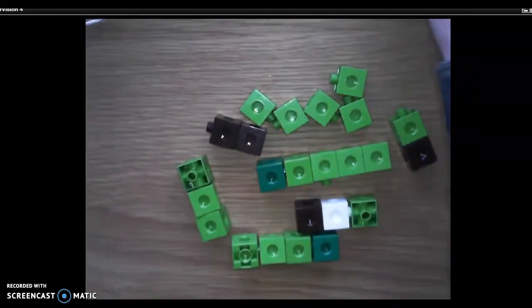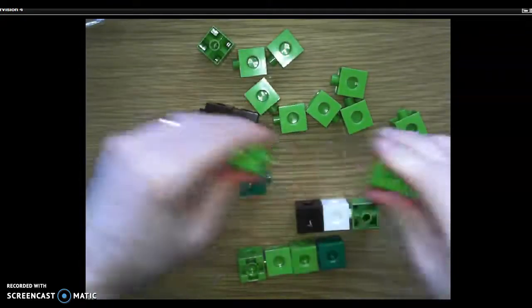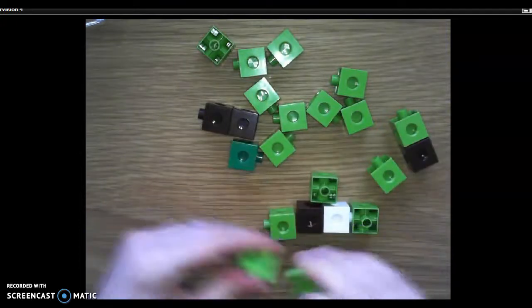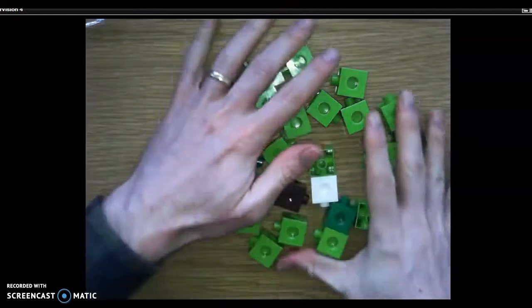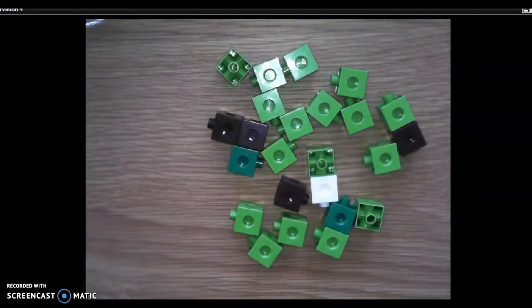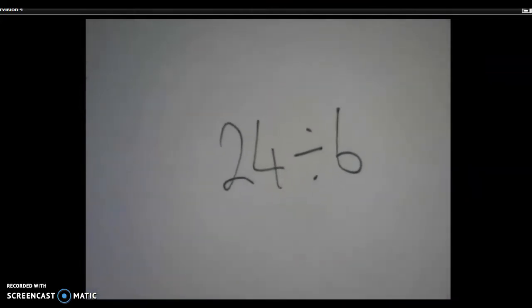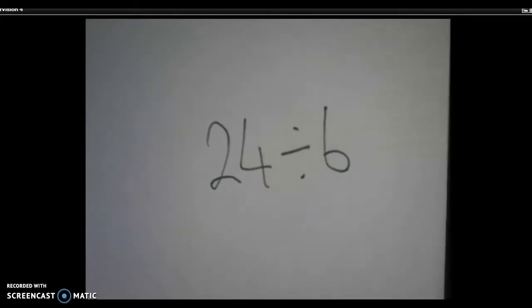We're doing 24 divided by 6. And all I'm going to do here, our subtraction method or our sharing method, if I have the sum 24 divided by 6, that means how many groups of 6 will there be out of 24?